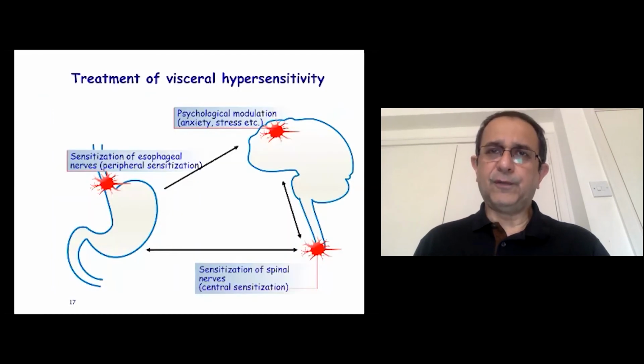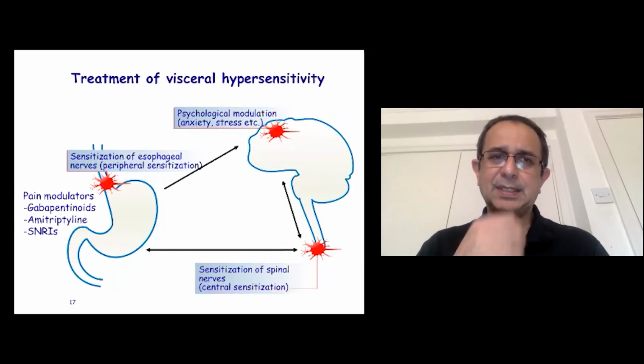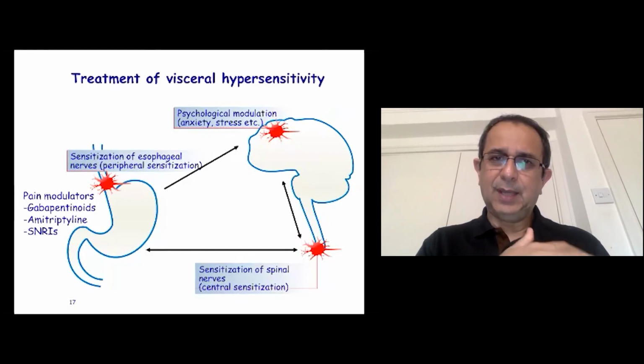For treatment of a sensitive gut, which we often describe as visceral hypersensitivity, if there is a sensitivity of the nervous system, then there are medicines like gabapentin, pregabalin, amitriptyline, SNRIs like duloxetine, etc. These are medicines that are used in treatment of chronic pain, but they also help with anxiety and depression as well.